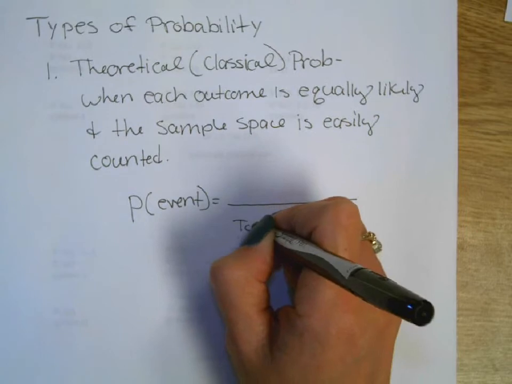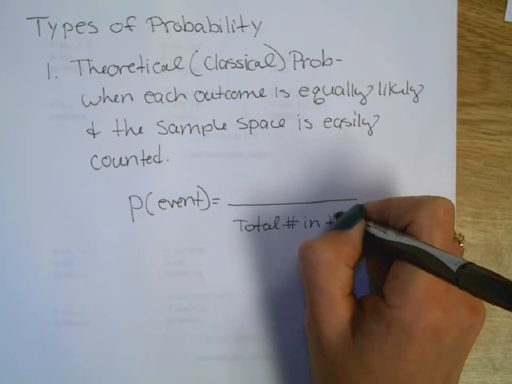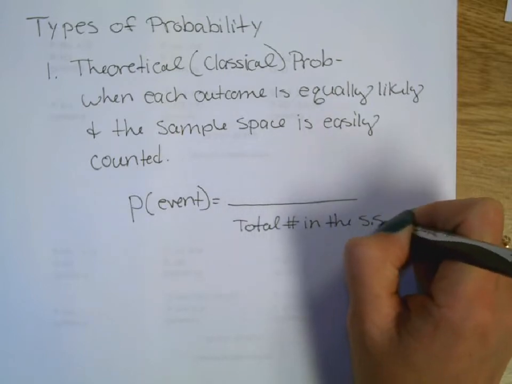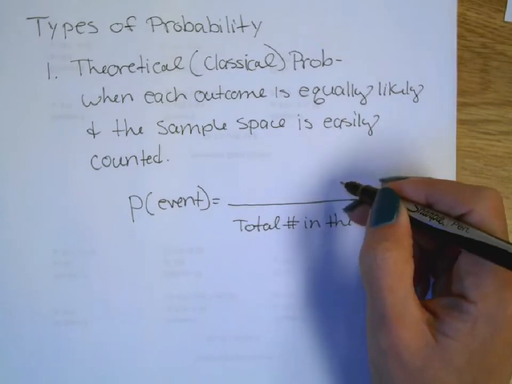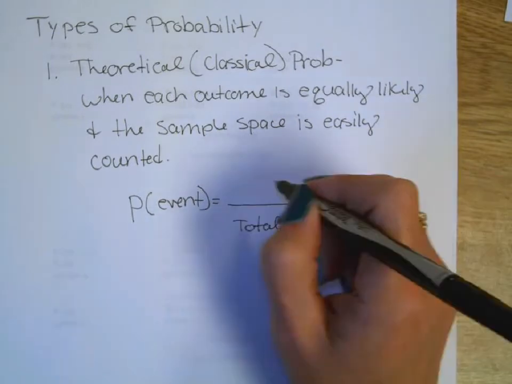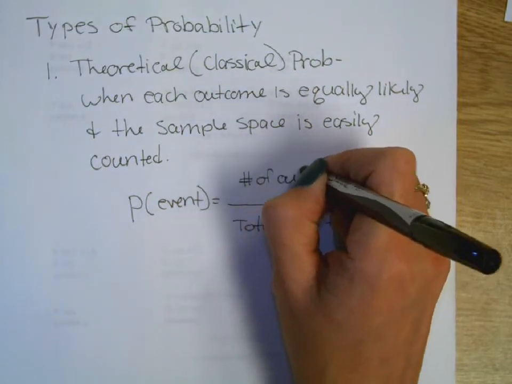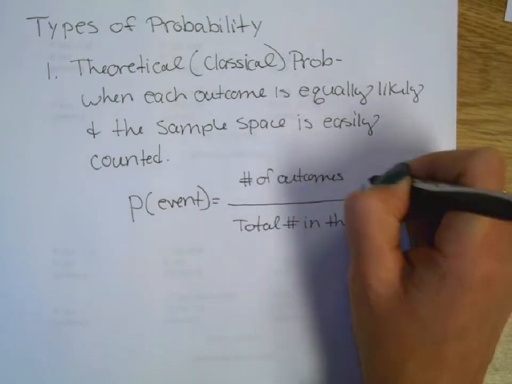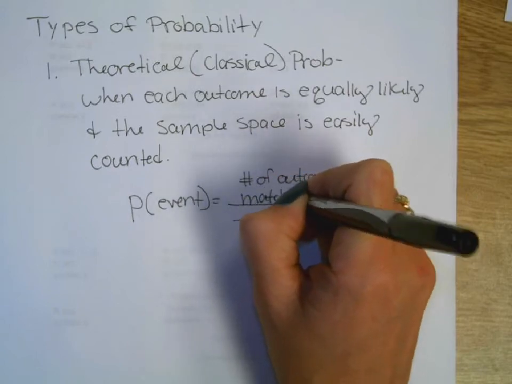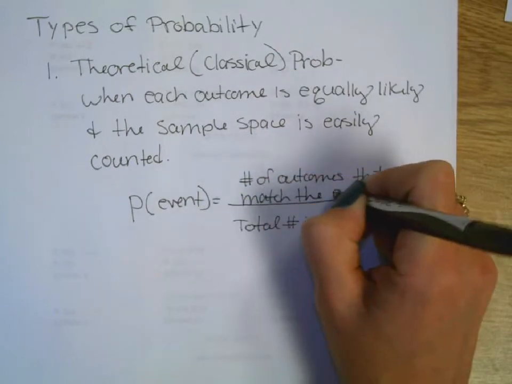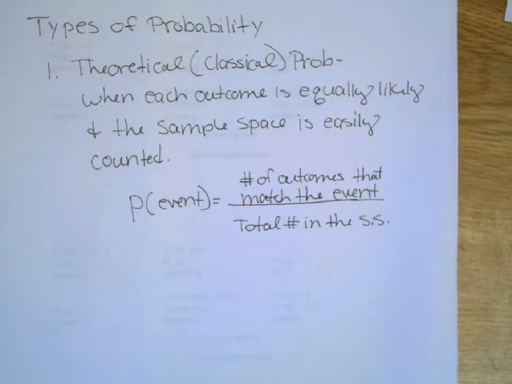So it's the total number in the sample space, and then your top number is the number of outcomes that match the event that you listed over here. So it just starts out as a fraction.